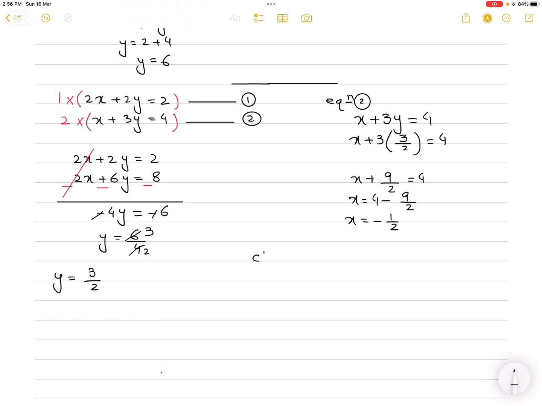Now let's check it out. We can pick an equation, let's say equation number 1, which is 2x plus 2y is equal to 2. So 2 times my x, which is minus 1 by 2, plus 2 times my y, which is 3 by 2, is equal to 2.